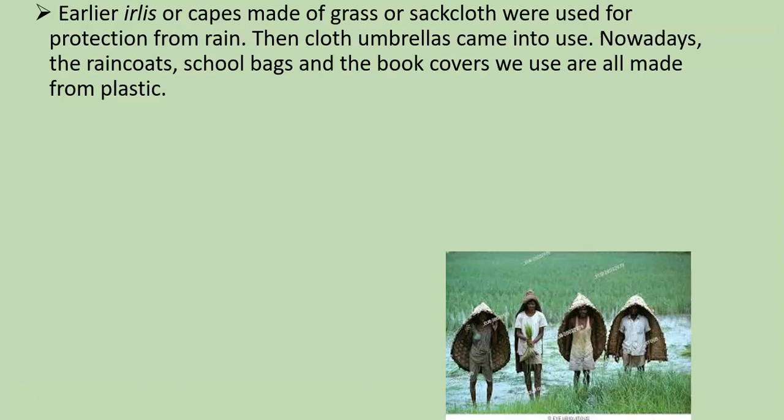And nowadays, the production of these cloths and of these umbrellas and raincoats is so much that they are available to us very cheap. So again, the points which we discussed in the previous slide are explained in this example.